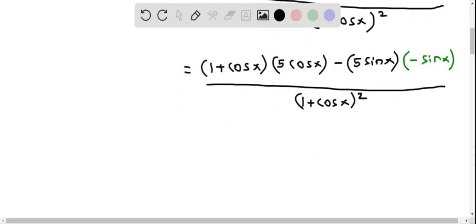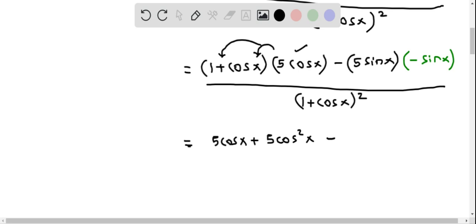The next step, we simplify by distributing this 5 cosine x into the terms inside the brackets. So 5 cosine x times 1 is 5 cosine x. Then 5 cosine x times cosine x is 5 cosine squared x.